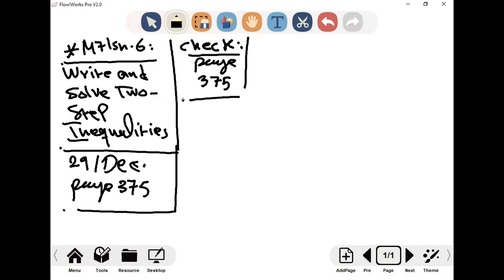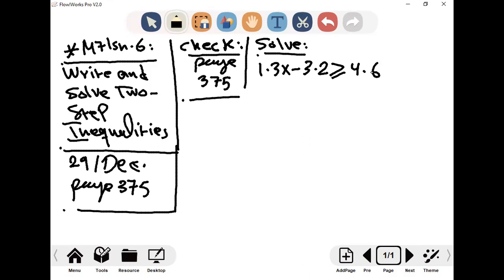Solve the inequality. Solve 1.3x minus 3.2 more than or equal to 4.6.